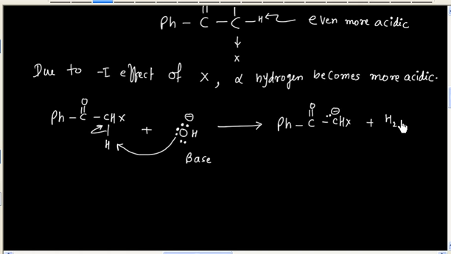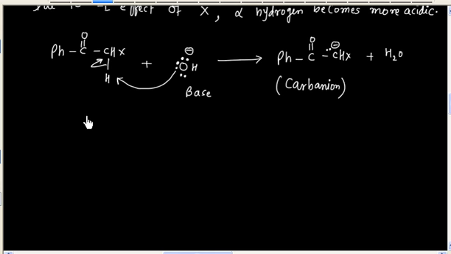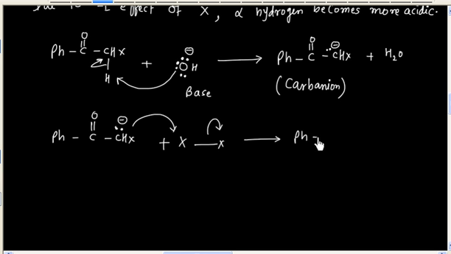So we will generate this carbanion and this will act as a nucleophile in the next step. So it will attack on halogen. So this is electrophilic nucleophilic reaction.